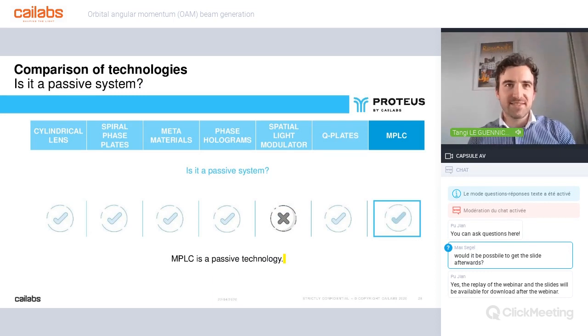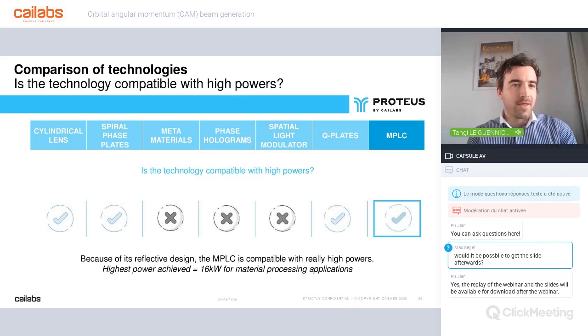Is it a passive system? Most of these technologies are passive, except the spatial light modulator, and MPLC is a passive system. Is the technology compatible with high power? MPLC, because of its reflective design, is compatible with really high powers.